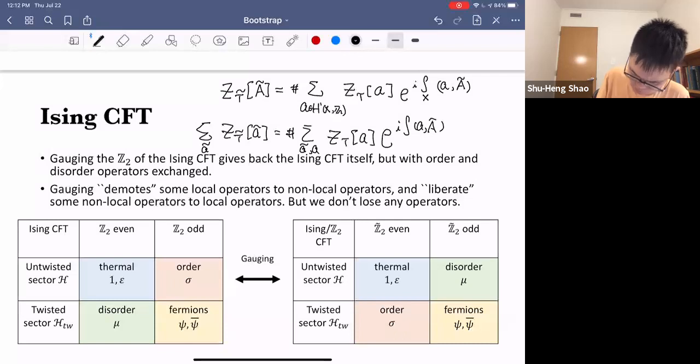But then there's an identity about the intersection pairing that if you sum over A tilde, for example, then it will set A to be 0. It's an orthogonality condition.